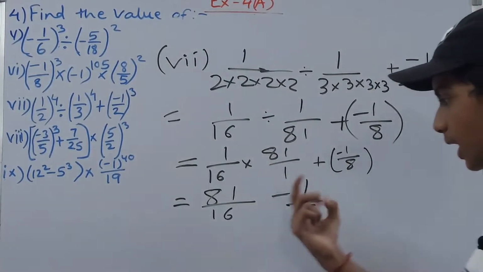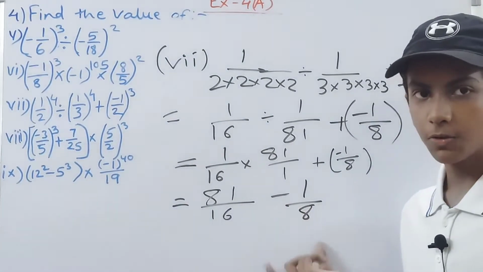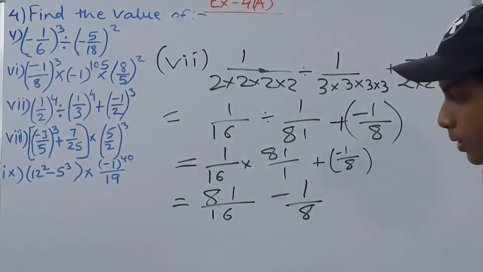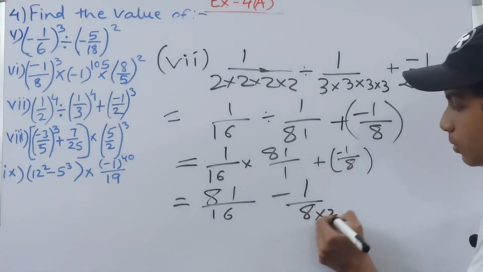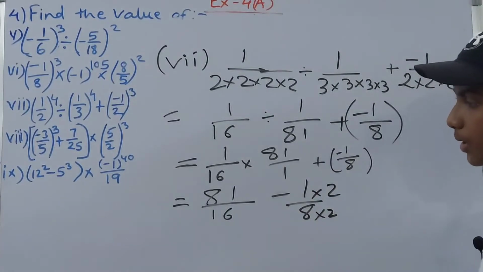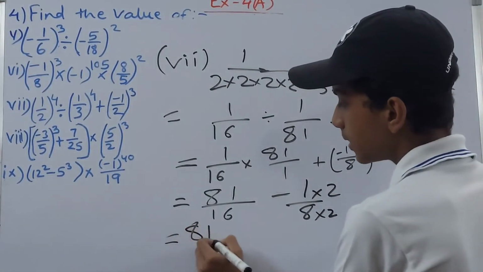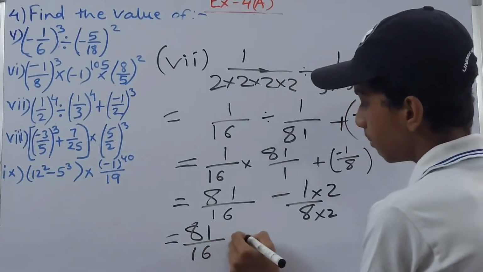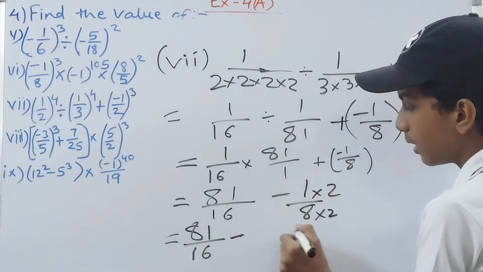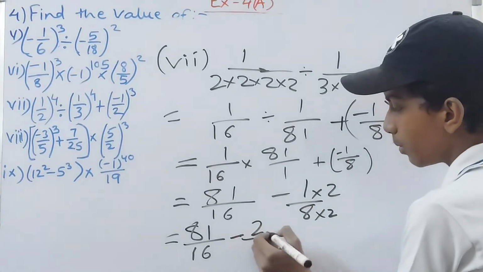Now you will solve this. First of all, we'll make this a like fraction. So this will be into 2, this becomes into 2. So what will we have here? We'll have 81 upon 16, minus 1 into 2 becomes minus 2, upon 16.